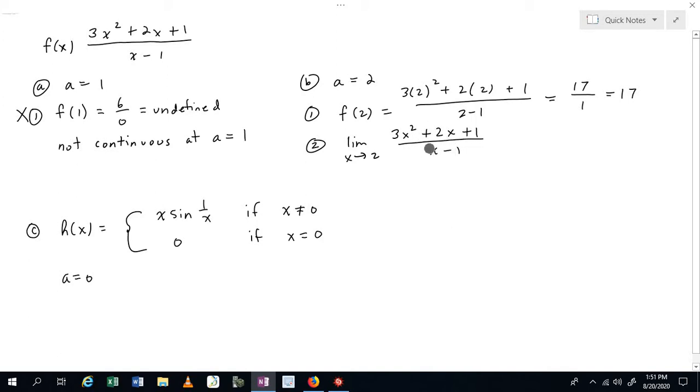But in this case, let's go ahead and use substitution. We know we can use substitution to evaluate this limit because it's a rational function where the denominator is not equal to 0 when you use substitution. If you plug 2 in, of course, you get 17. So by direct substitution, I know the limit of this function as x approaches 2 is 17.